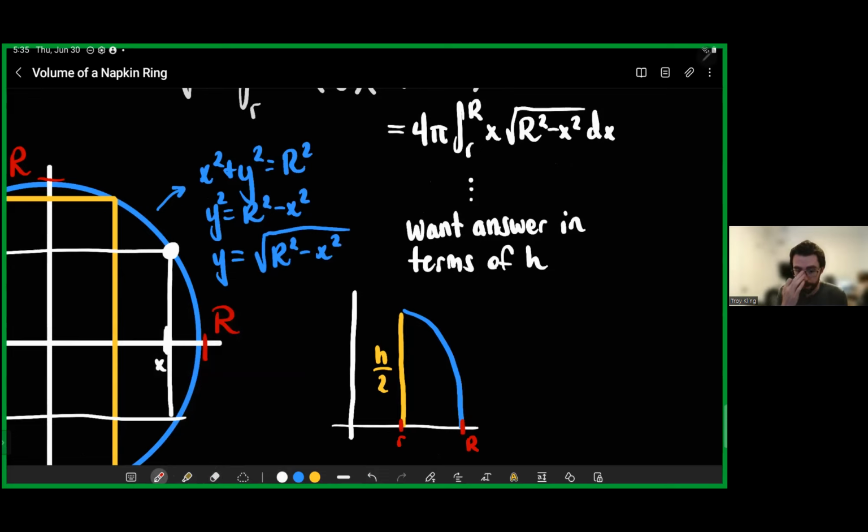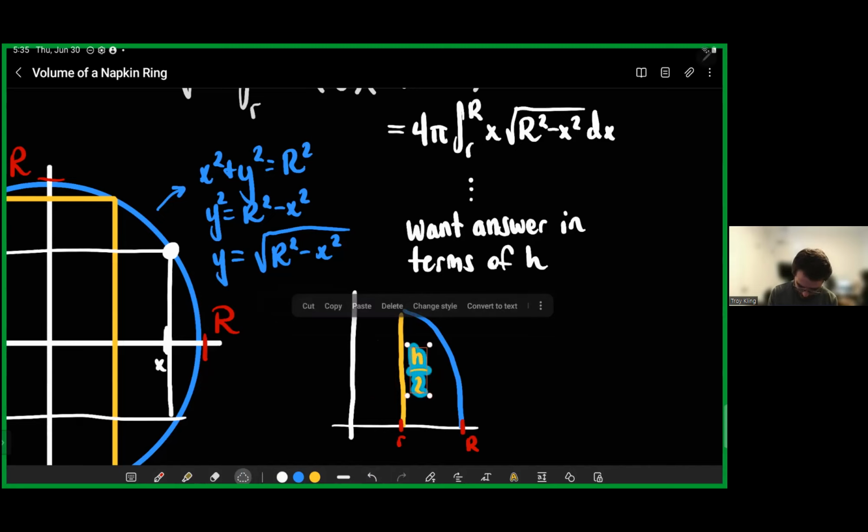So what we can do here to get h in terms of big R and little r, or vice versa, is I could probably find some kind of triangle to draw in this region. So a good triangle to draw, I mean, we have a couple options, but let's pick a nice one. So let me scoot this aside. Let's put this over here.